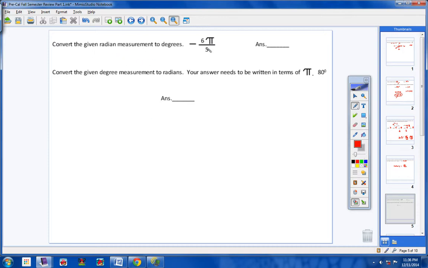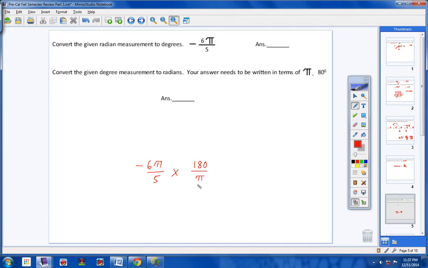Convert the given radian measurement to degrees, okay? Anytime you're given radians, whether it's written in terms of pi or not, it doesn't matter. If you're going to convert it over to degrees, you always multiply it by 180 over pi, like I just showed you in the last problem.